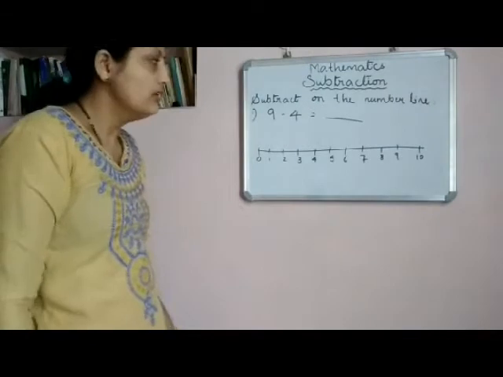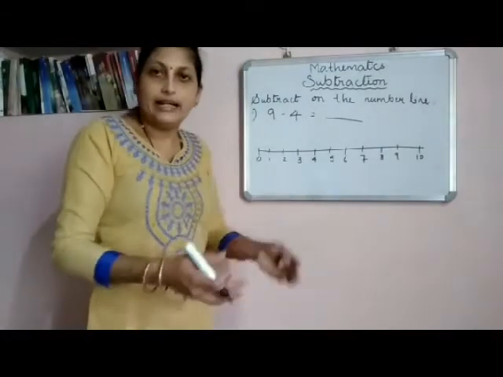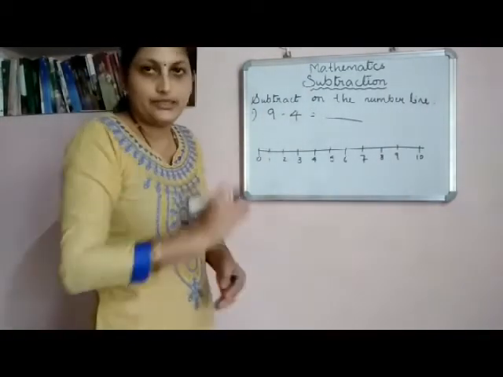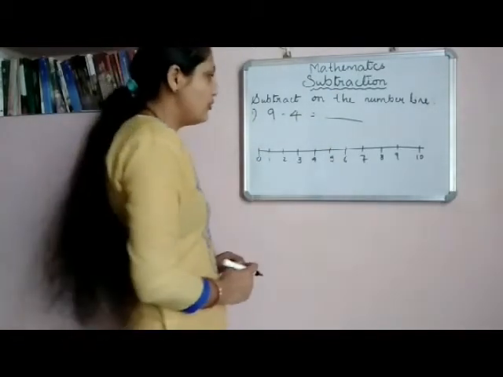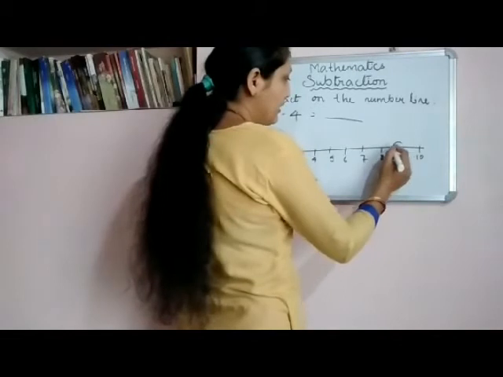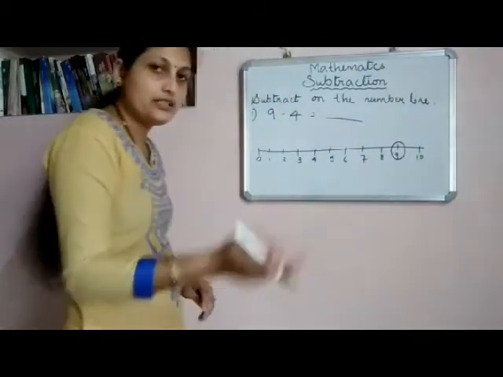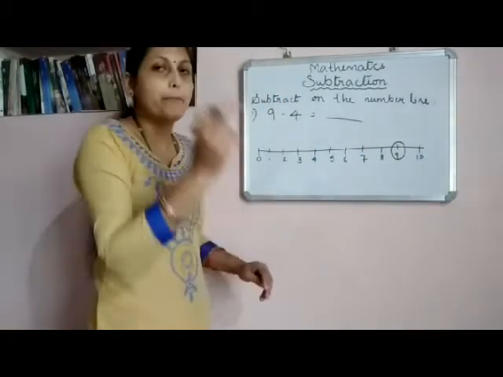Like this. So while adding you are counting forward, isn't it? So here you have to jump backward. So start from the 9, okay, start from the 9 and jump 4 steps backward.